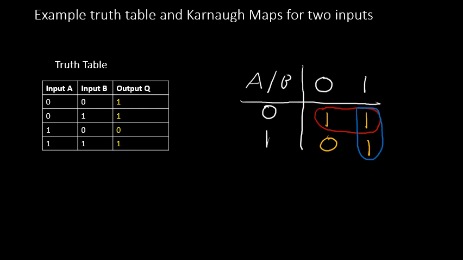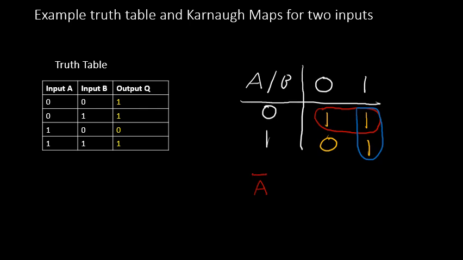So we can say that the expression that represents the red set is just not A, because if it's not A, it's always going to be 1 regardless of the value of B. So that represents the expression for the red box, which is going to be not A.